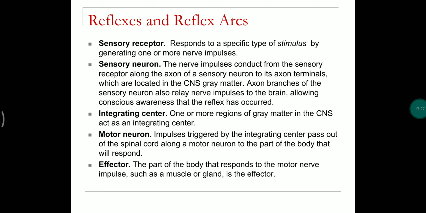Motor neurons are the neurons which carry the motor impulses from the spinal cord or from the brain. And the effector is the part of the body that responds to the motor stimulus.